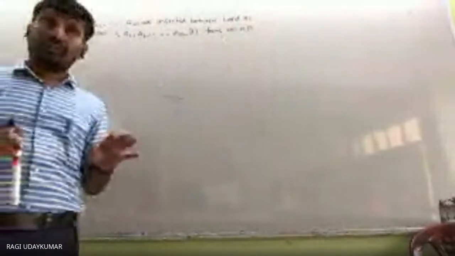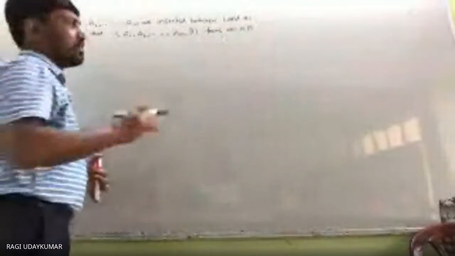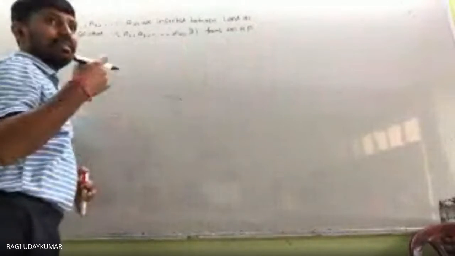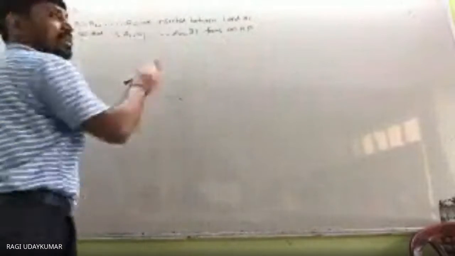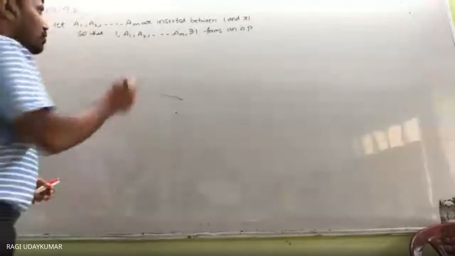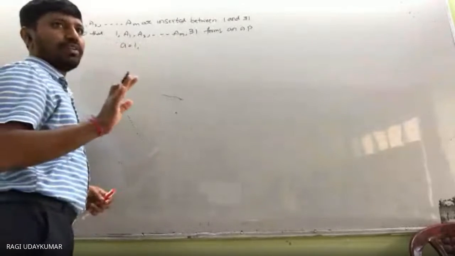Now the question is given to you that the ratio of the... Usually d is equal to... the last term becomes 31, which is the (m plus 2)th term. So a is equal to 1, and the common difference you don't know.